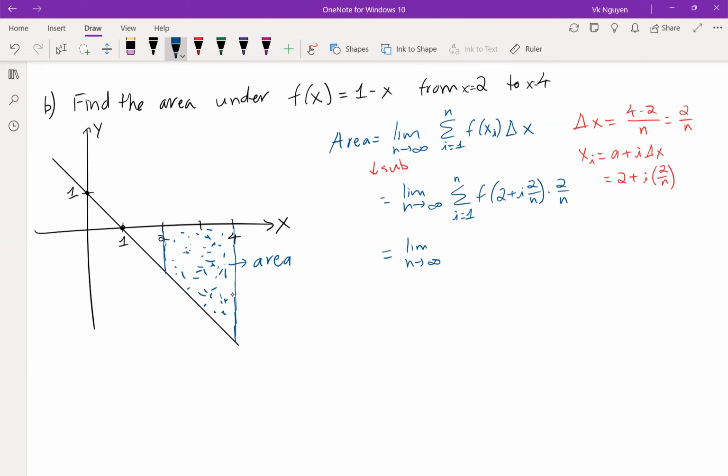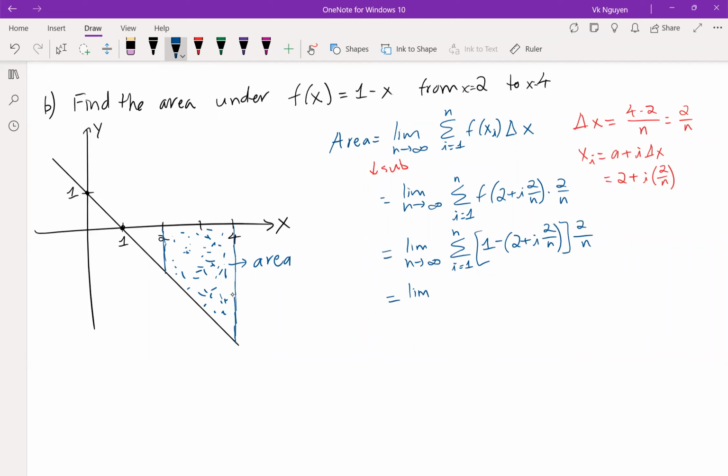Okay. Limit n goes to infinity, summation i equals 1 to n. Sub into the function, and we're going to have 1 minus this. So it's going to be 1 minus 2 plus i times 2 over n. Multiply everything by 2 over n.